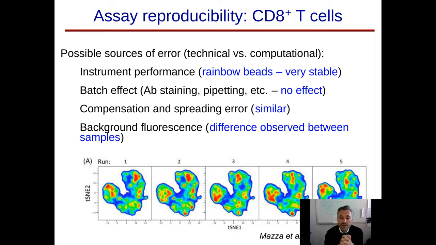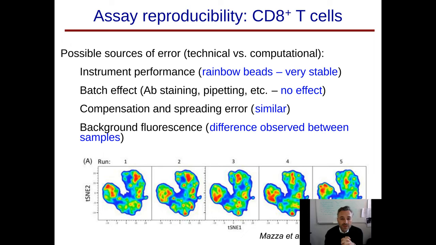We imported the protocol that Steve Perfetto developed at the NIH years ago to track your instrument performance from day to day, and we were pleased to see, I don't have the data here, but it's published, that the performance of the instrument over these 5 experiments spanning a few weeks was actually rock steady. So it didn't really move. The instrument was very stable. So the instrument itself was not a source of error.